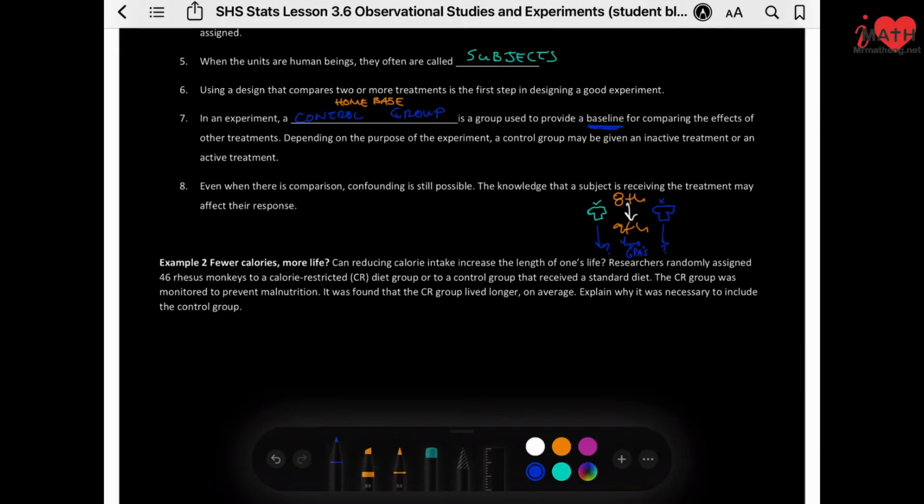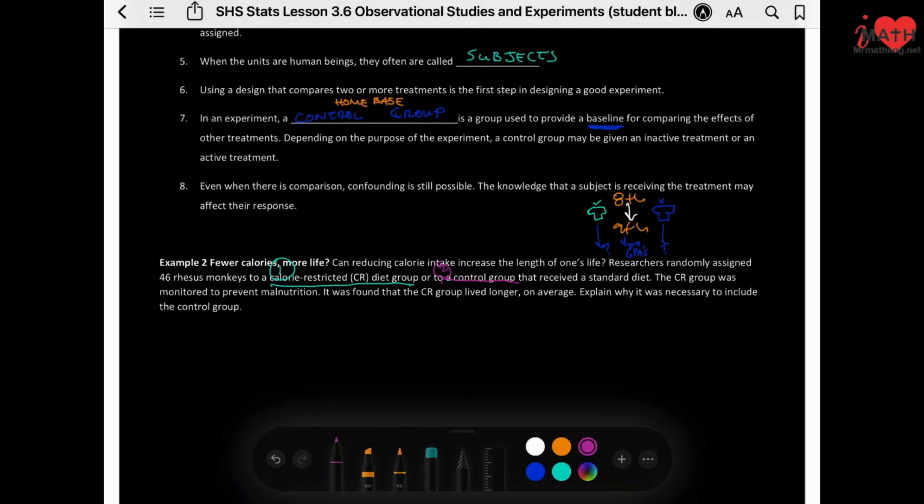All right, let's try this example here. Example number 2. Fewer calories, more life. Can reducing calorie intake increase the length of one's life? Researchers randomly assigned 46 rhesus monkeys to a calorie-restricted diet group or to a control group. So I'm going to try this color-coded. So that's one group. And this is our control group that received a standard diet.